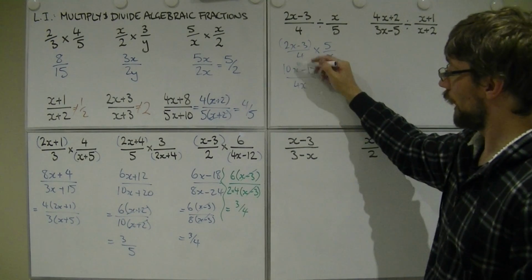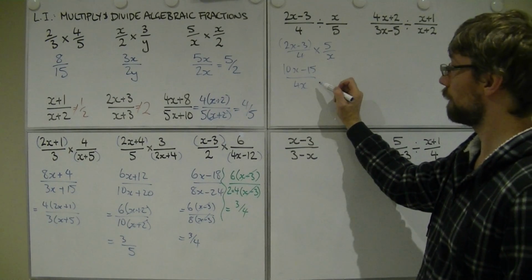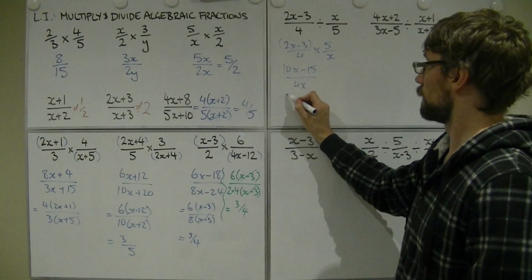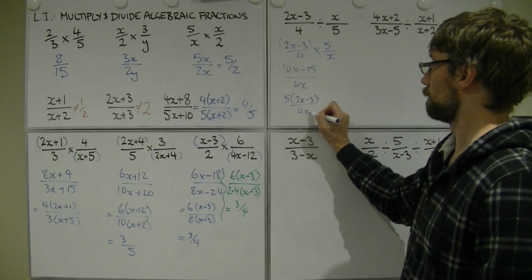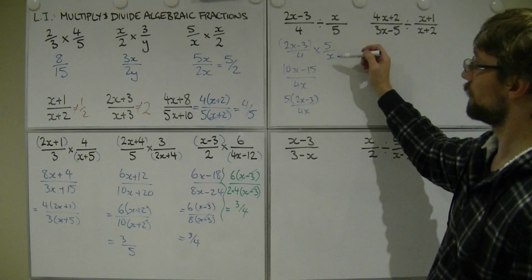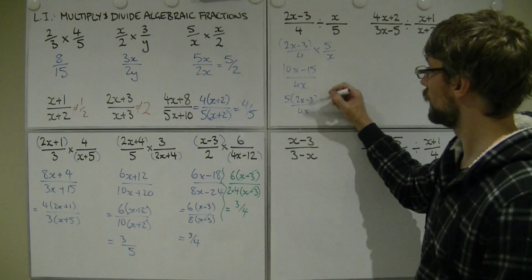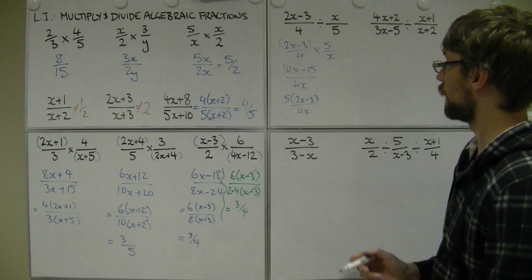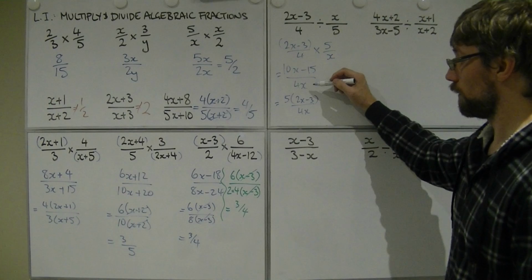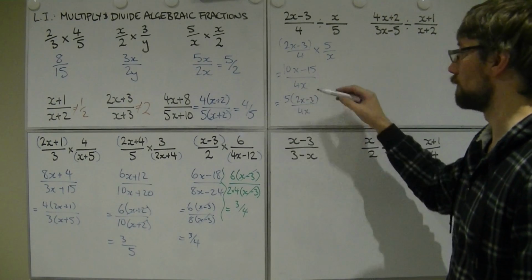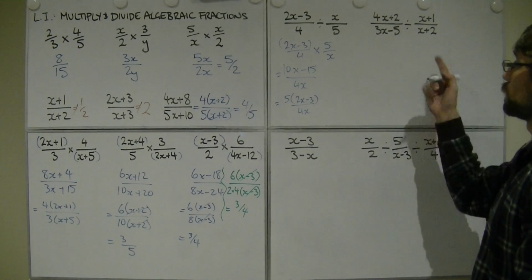It looks like I've got x is in common, but no, there's a minus trapped in there, so I can't do anything with that. I could factorise it to be that, but nothing's in common, and I just end up essentially back where I started. 5 times that, 4 times that, nothing happens. So I'm not making any progress there, that's fine. So yeah, leave it as that, but you can change it to that if you want, they're both just as valid as each other.